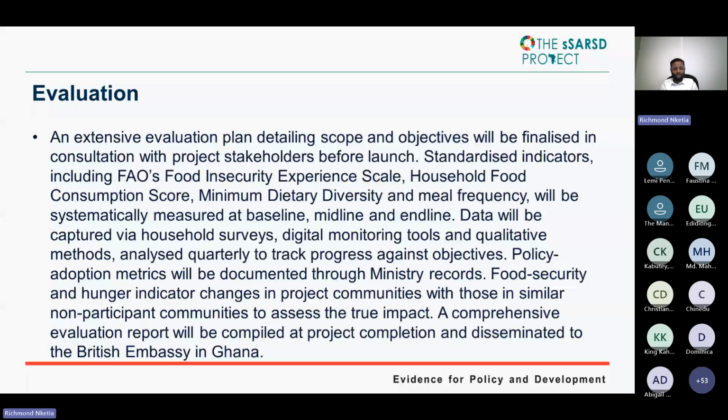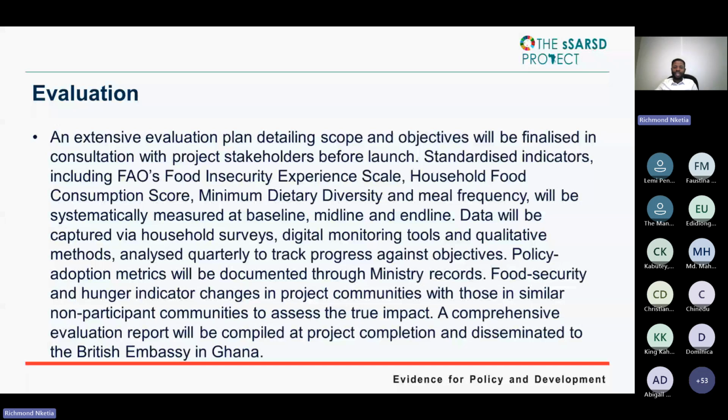And as part of the project you want to do, you need to do evaluation to know if your project has made any impact. And to do that, you need to draft an evaluation plan, which has scope and objectives. And in that, you'd mention standardized indicators. So the standardized indicators are those that you mentioned when you are looking at what you expect to change.